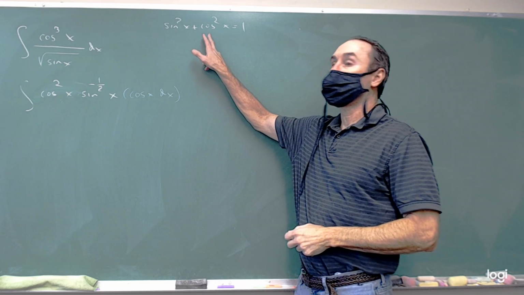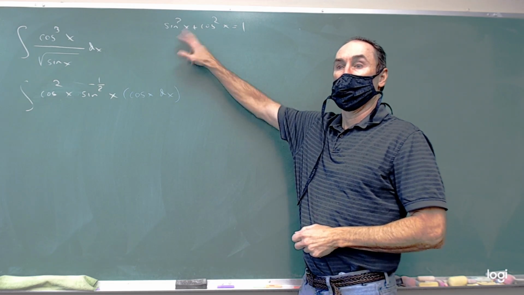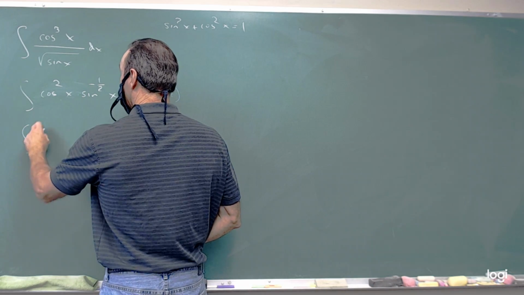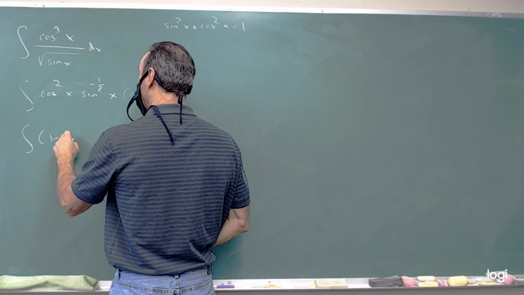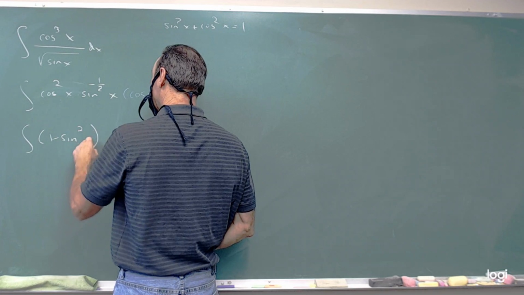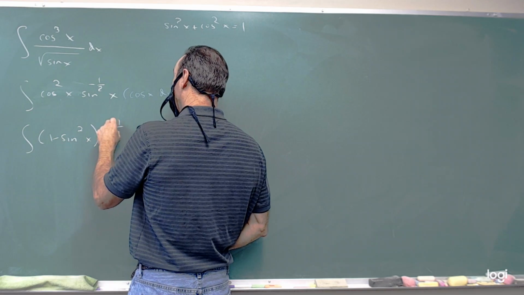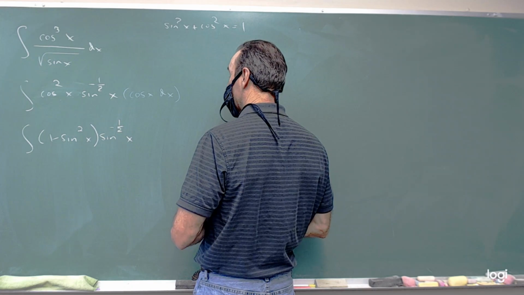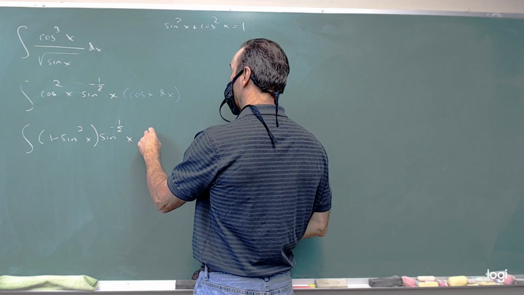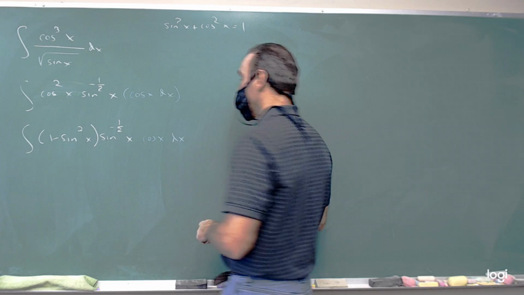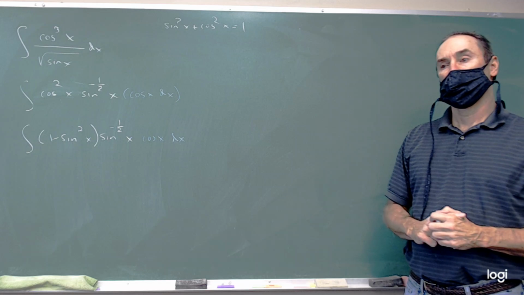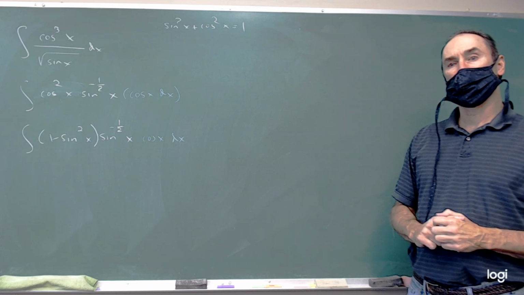So cosine squared is going to be 1 minus sine squared. This integral will replace the cosine squared by 1 minus sine squared. We've got that sine to the negative 1/2 of x, and then the cosine x dx that we're going to save to be the du once we get to the place where we can make the u substitution.